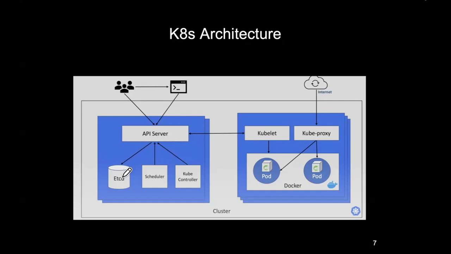The API server will update the database. The scheduler will come along and decide, should it move the container to a different node, or what should it do? Should it try and request the restarting of the container? All of that kind of stuff.